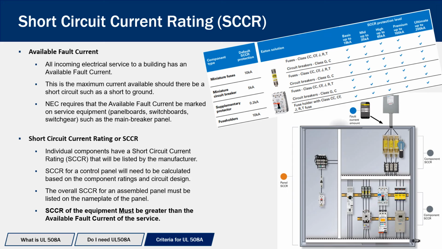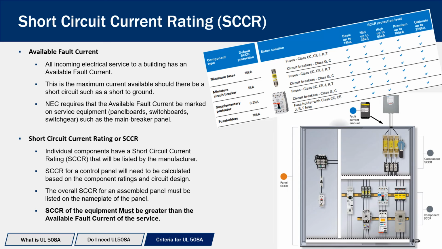The NEC requires that available fault current is marked on the service equipment, the panel board, switchboard, switchgear. So in other words, the breaker panels will have that available fault current listed. Then the individual components will have a short circuit current rating, the SCCR, and that's going to be listed by the manufacturer.